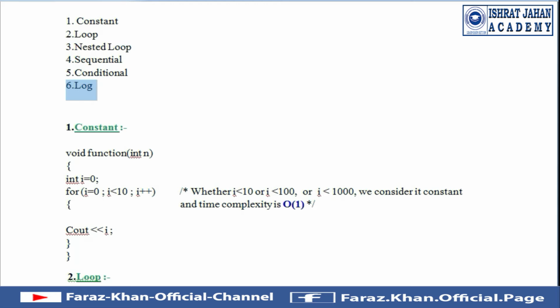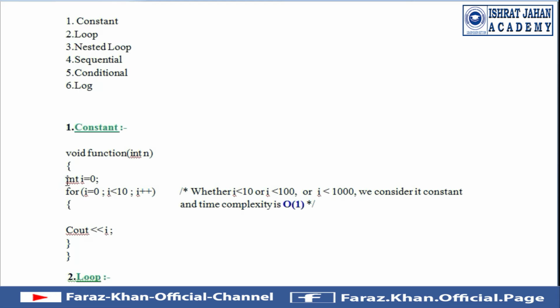Now, in this example, I have written a simple function. The first void means no value is passed. It could be any function, and I am passing an argument of type integer, which is n, right?